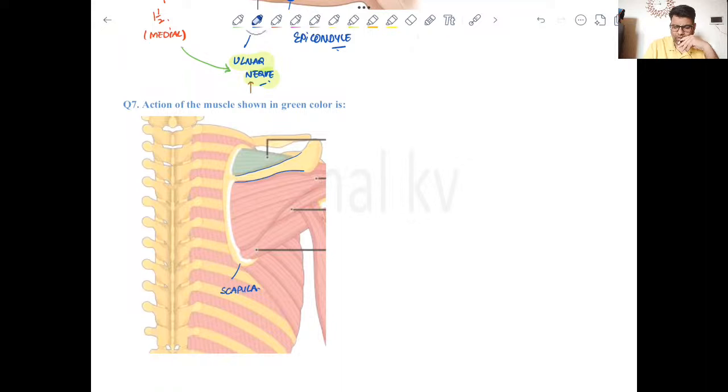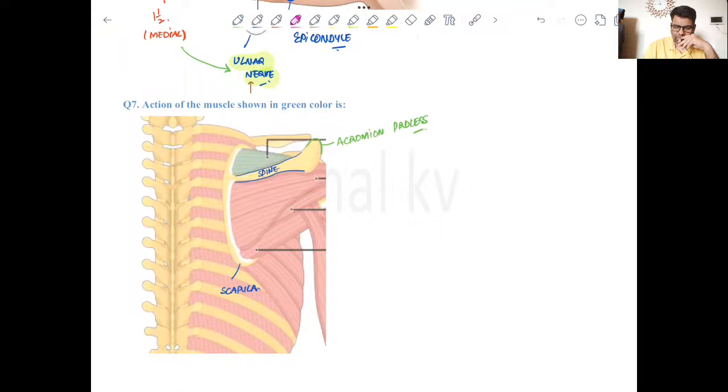This is the spine of scapula. And then this spine continues as the acromion process. So this is the anatomy of scapula. Yes, Shanavaz bhai, absolutely right.